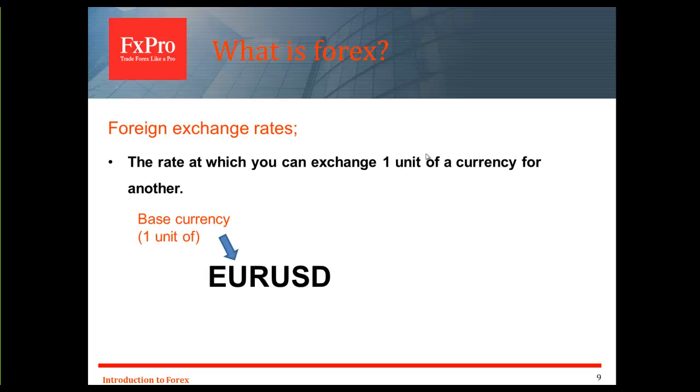So foreign exchange rate is simply the rate at which you exchange one currency for another. The one quoted on the left hand side, so here we have EUR USD, currency codes are always quoted with 3-letter codes. The one on the left hand side is the base one, the 1 unit. We had that in our previous slide, didn't we, where we're exchanging €1, the 1 unit, so we call that the base currency.